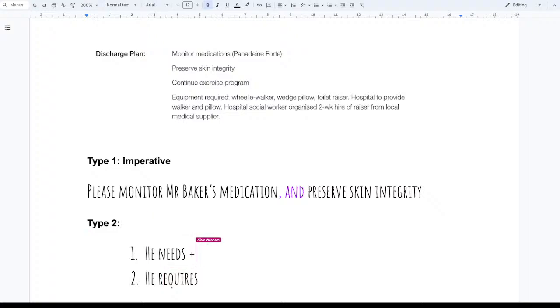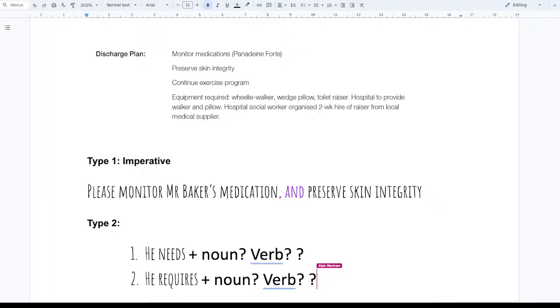what comes next? What comes next? Right? Is it a noun? Can it be a verb? Can it be something else? Okay? And if you're watching this, this is a key point, a very common mistake that you see in OET all the time. Okay? What comes next?